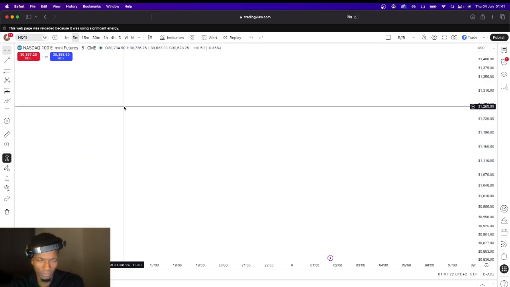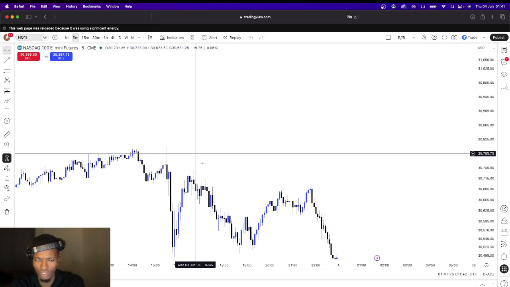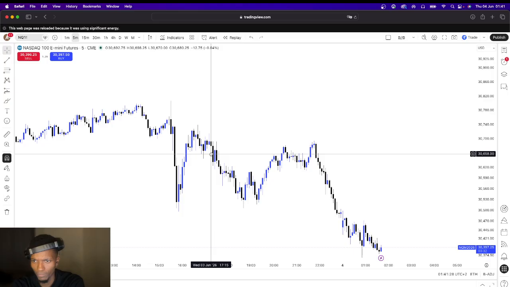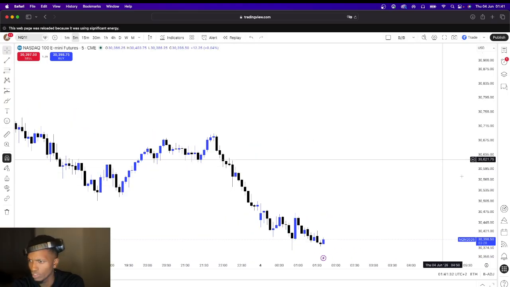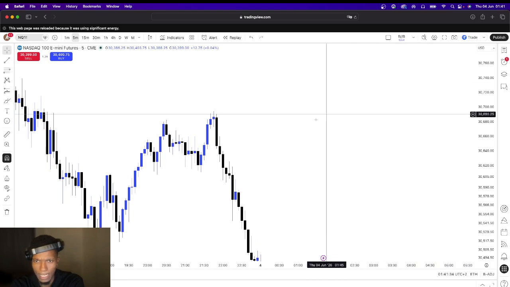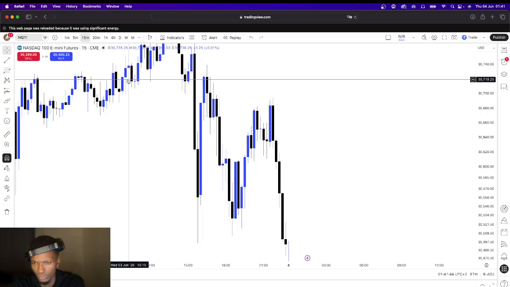Now let's look for some real life examples of an inverse fair value gap. Here's the first one. Let me go to M15 so I can see this first.